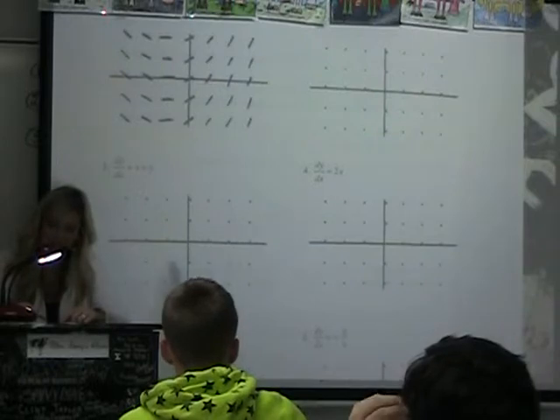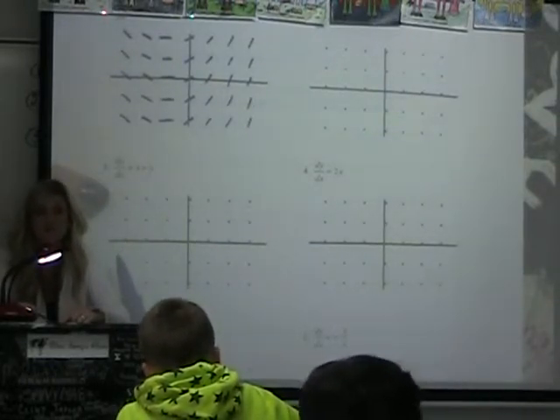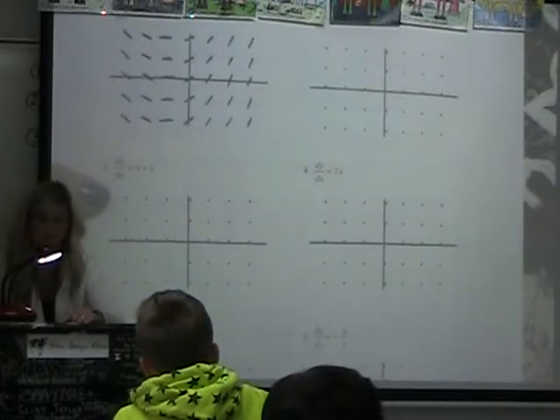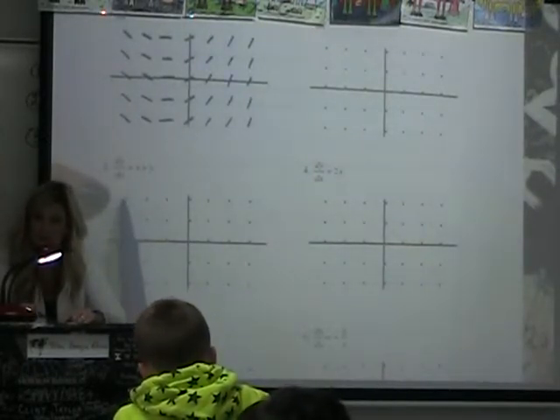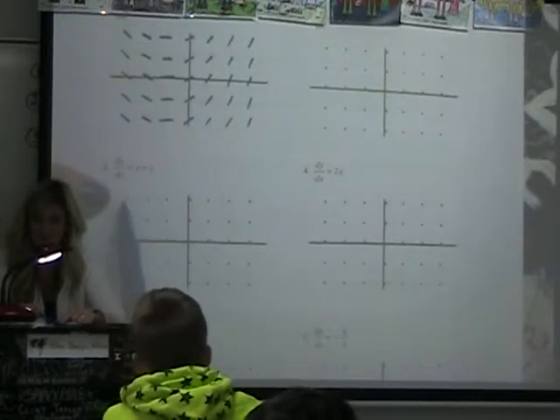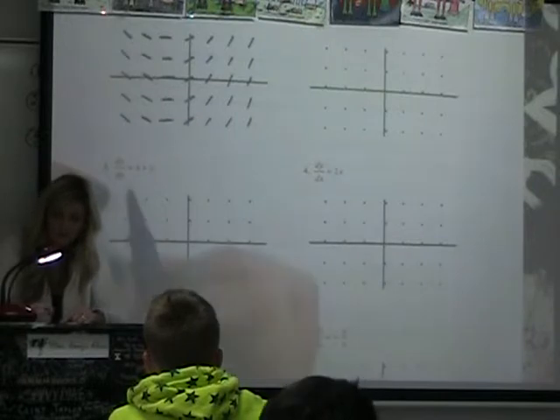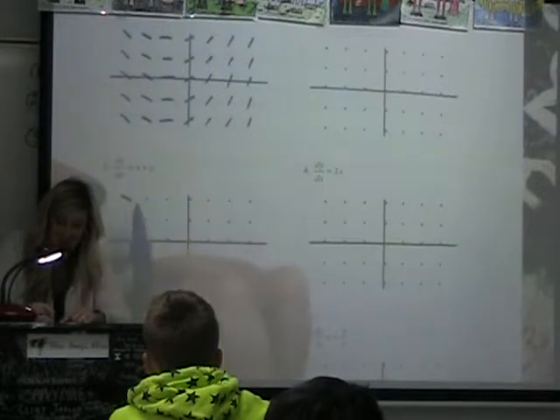So this time, I always start in the top left-hand corner, but you can start anywhere. This is the point -3, +2. The slope is x plus y. So what's -3 plus 2? -1, yes. Are you awake?